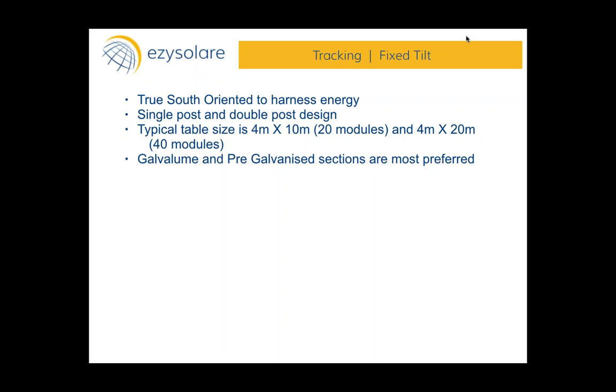On Indian standards there are no material specifications available for these sections, but on American standards, ASTM, two types of Galvalume properties are available, GR80 and GR50. Mostly in solar structures they use GR80 because those sections have 550 MPa of strength.